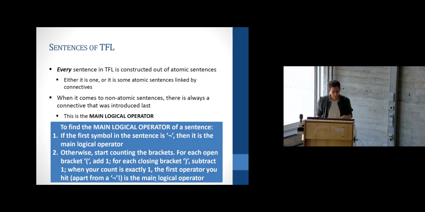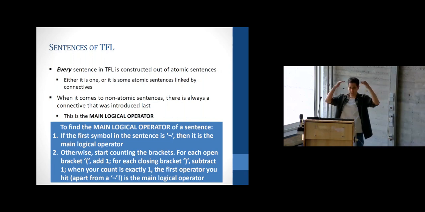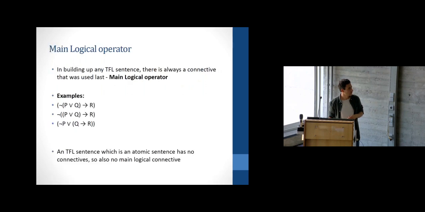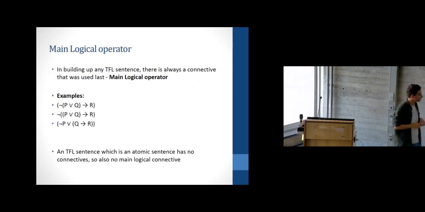Okay, the textbook gives you a definition of how to find a main logical operator. I think this is more confusing than helpful, so I think it's better to understand this in terms of actually understanding how a formula was constructed. Okay, let's look at some examples. You have three similar sentences here, but the parentheses are somehow different.